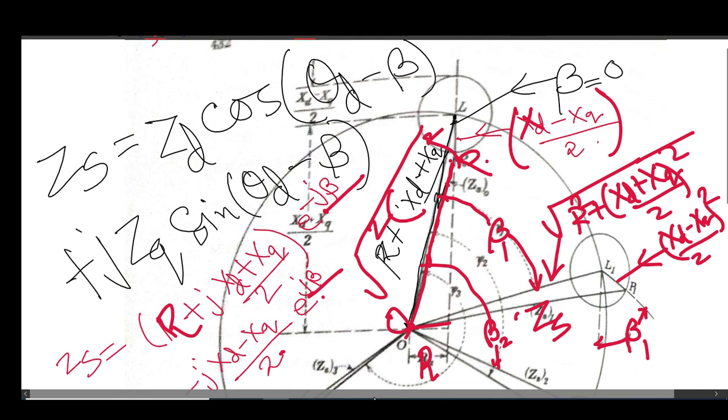Unlike the normal cylindrical rotor, where the armature reaction was single and real, for the salient pole it is not possible to represent it in that way. So we have resolved the entire armature MMF into fictitious components, AD and AQ. AD is the armature reaction MMF along the direct axis.